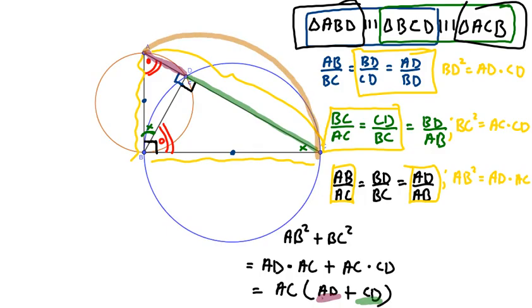So that means I can replace AD plus CD by AC. And obviously, I end up with an AC times AC, which is AC squared. So just like that, you have actually proven the theorem of Pythag in this situation.